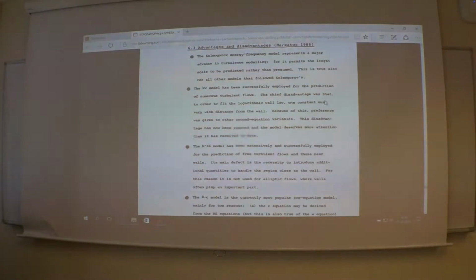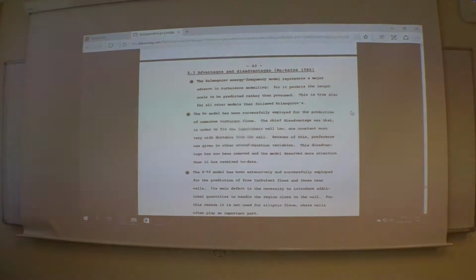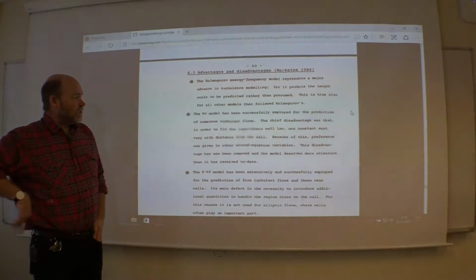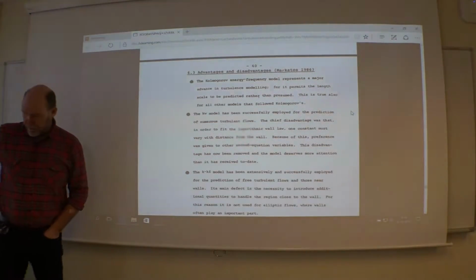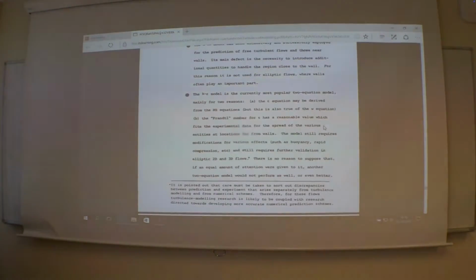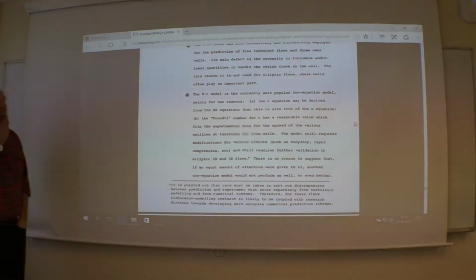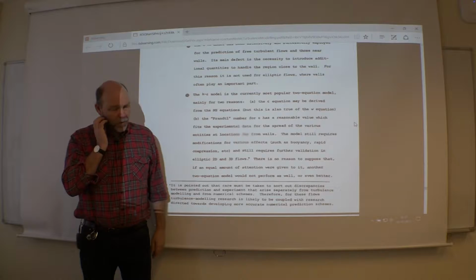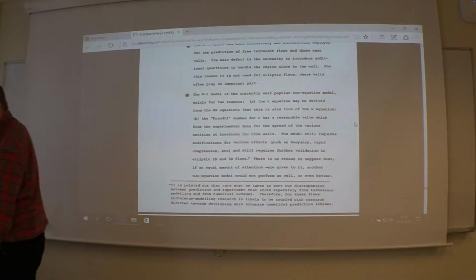You have a nice summing up here for the different models, advantages, disadvantages, and the K epsilon down here. And as it says here, currently the most popular two-equation model, and it still is.